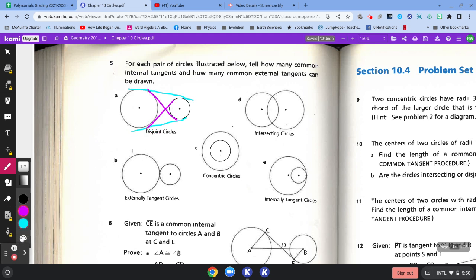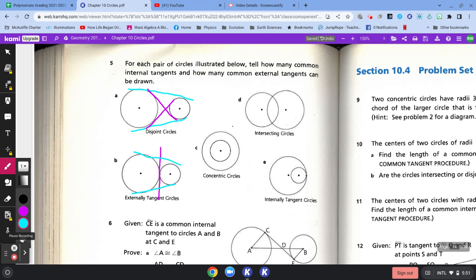Consider B. Pause the video before I draw it, if you haven't done it already. Assume you paused. I will now draw 1 common internal tangent, and that's just right there. And I'll draw 2 common external tangents, just like that.